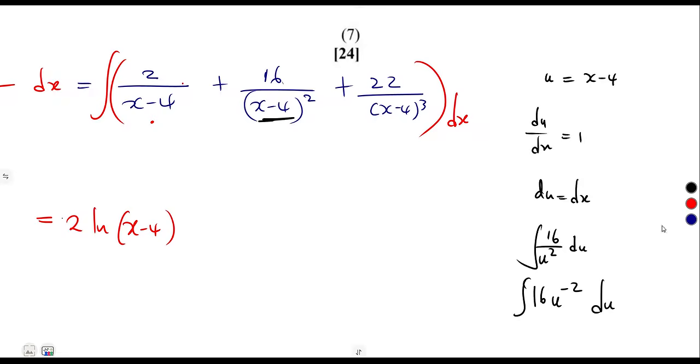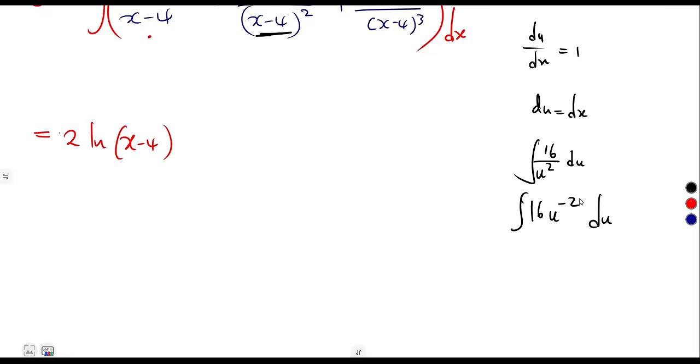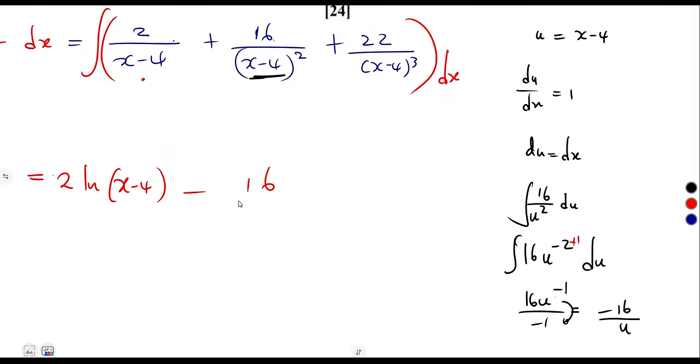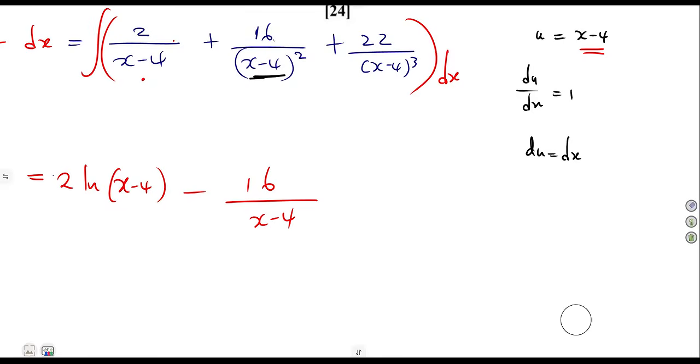We integrate by adding 1, so it's 16u to the power of minus 1 over the new exponent, minus 1. You add 1, you divide by the new exponent. So that's minus 16 over u. What is u? x minus 4. Just like that.